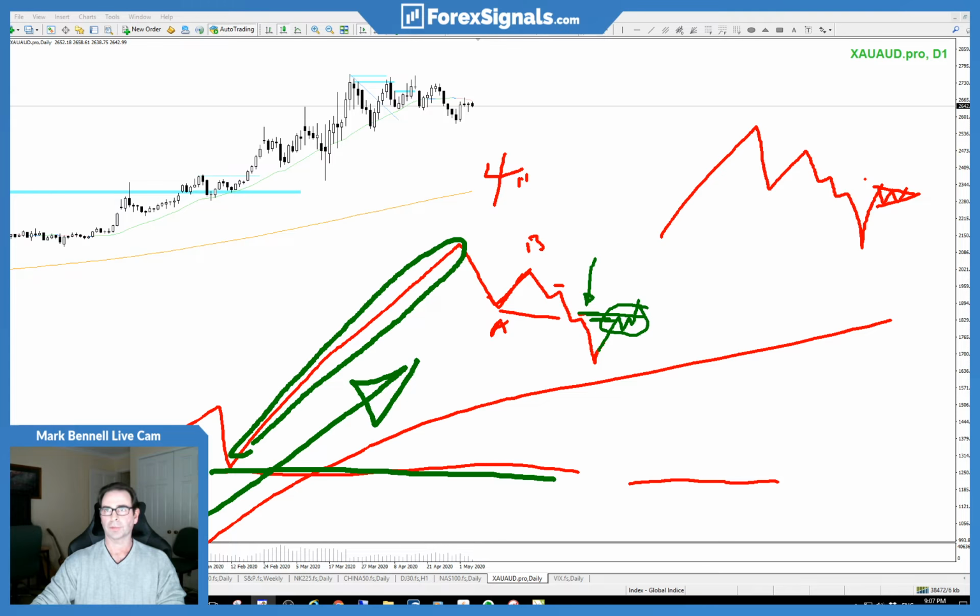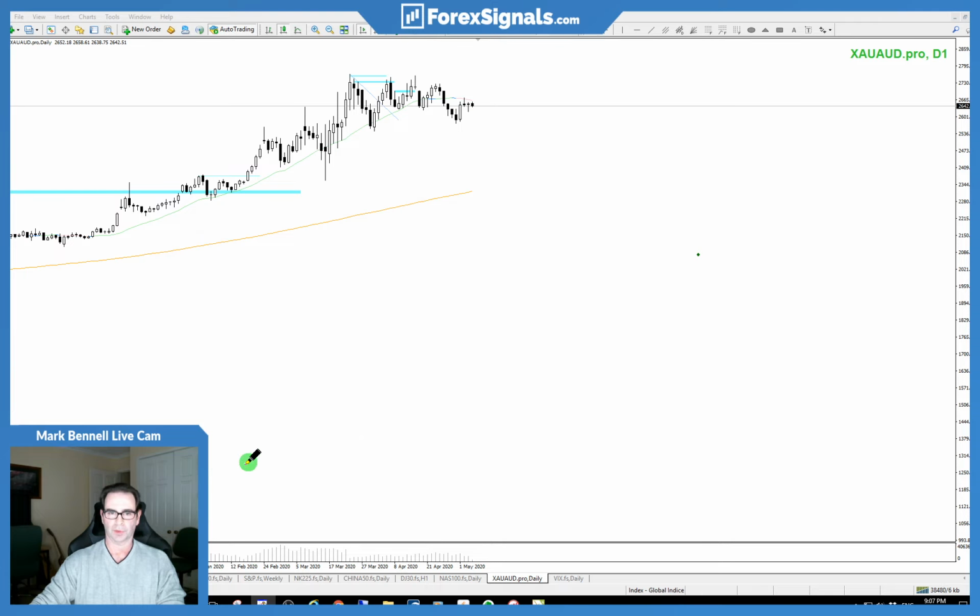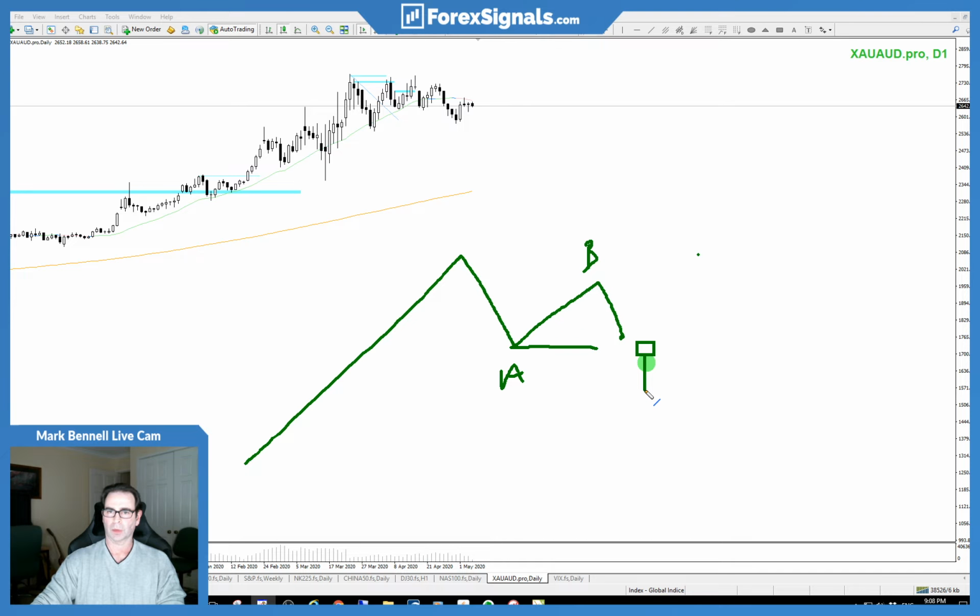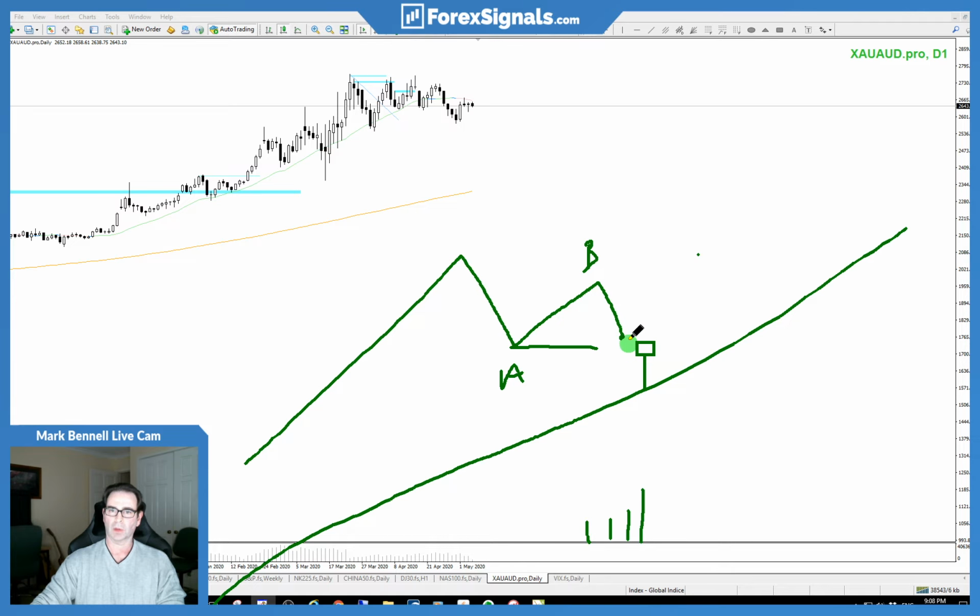The ultimate early entry, the ABC, would be, so here's the 4 hour, 20 period, volume surge, and we've got a hammer as C wave.